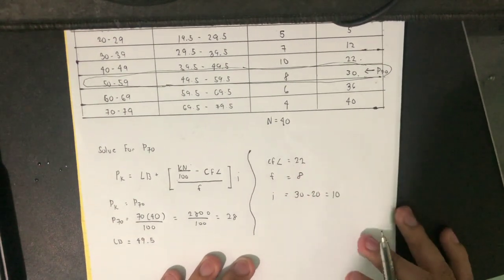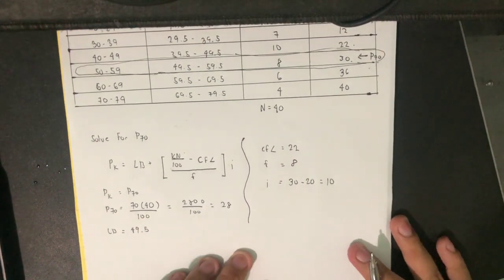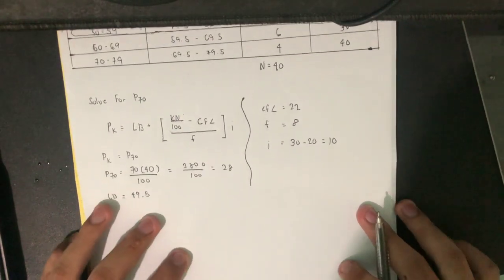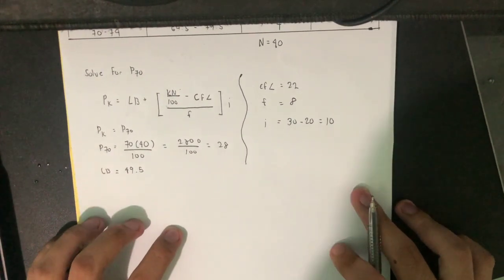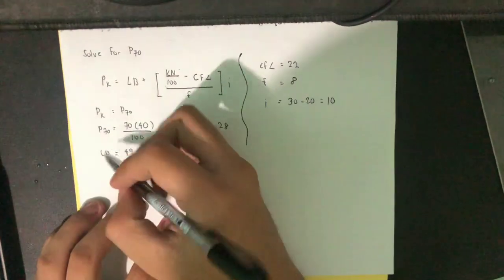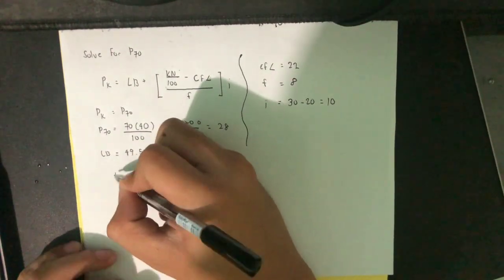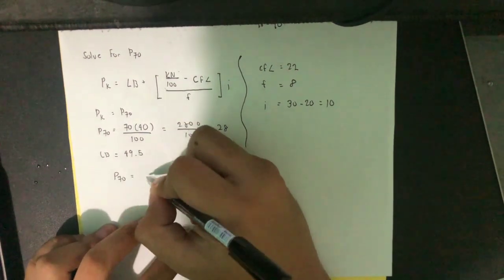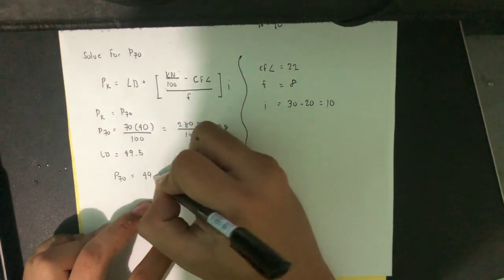So let's proceed to the formula. Let's substitute all of this in the formula. P70 is equal to lower boundary. The lower boundary is 49.5.